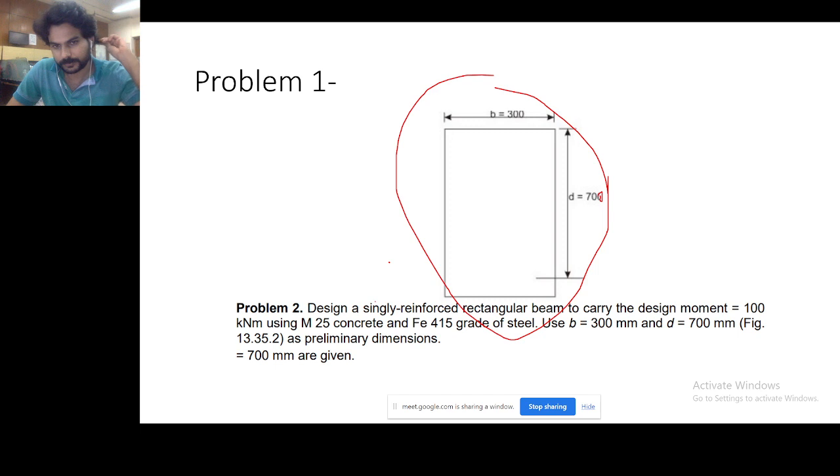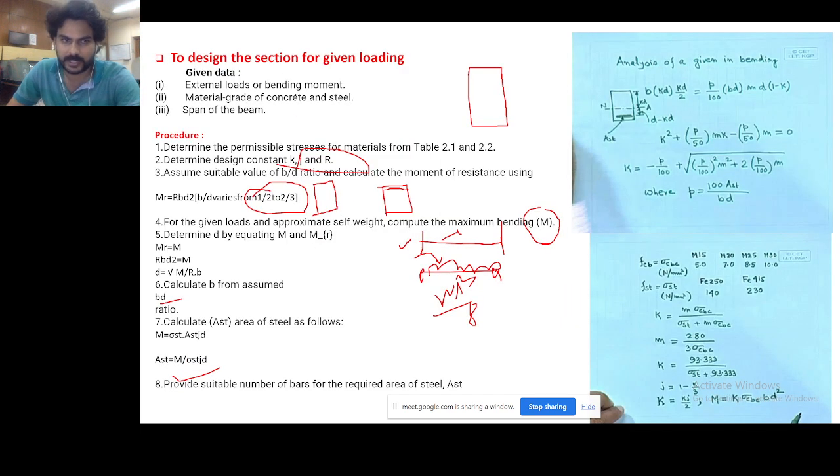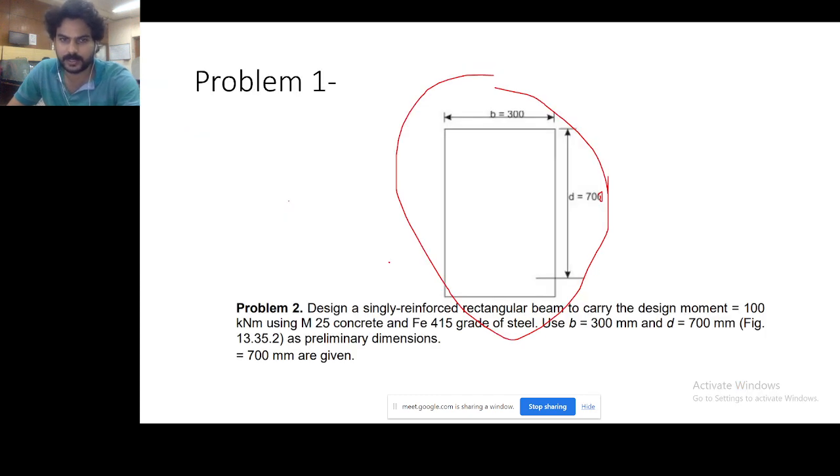So I will show the steps, you can start designing. Now here we don't need to assume the B by D ratio like 1:2 or 2:3 because that's already given. B we know, D we know.